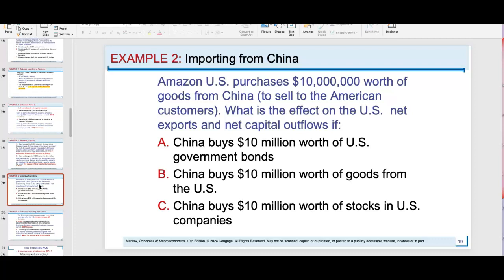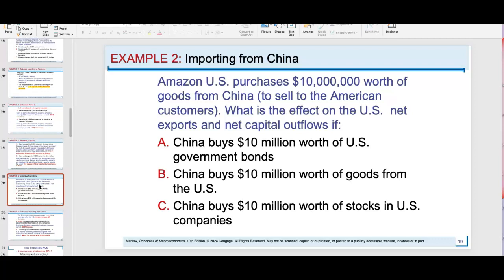So we're getting the goods and services into the US. Our net exports are going to go down because we have imports. And what's going to happen? The money is leaving the US and going to China. So China is acquiring US assets, US currency, and therefore our net capital outflow is also going to decrease, right?